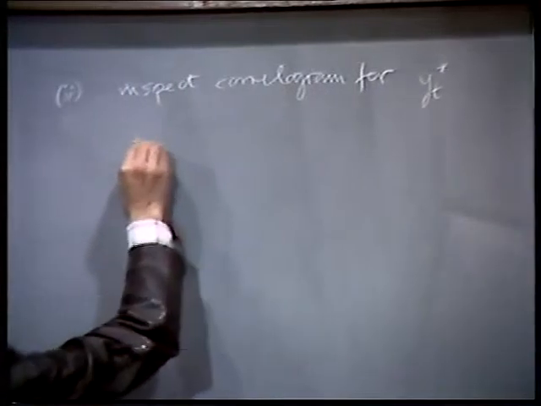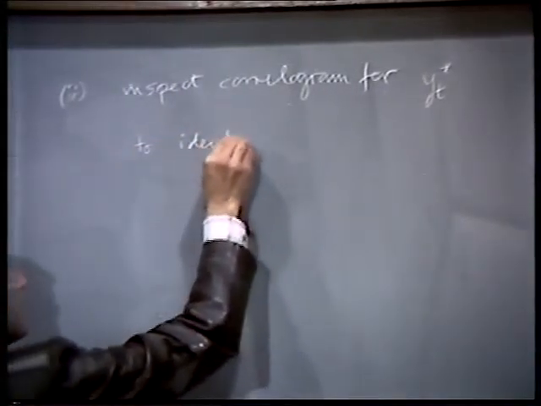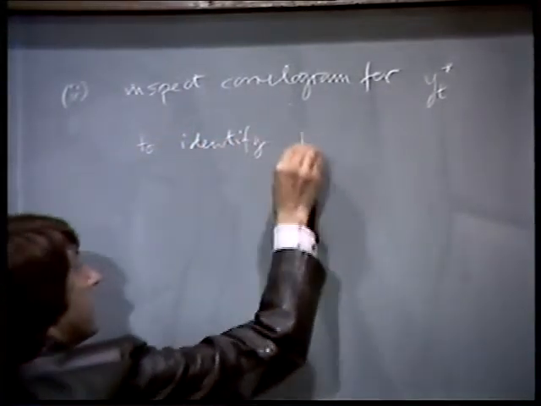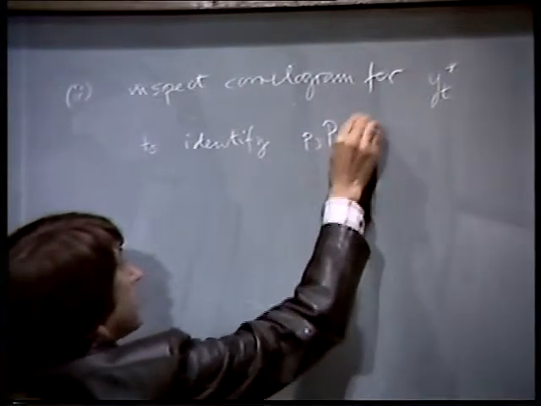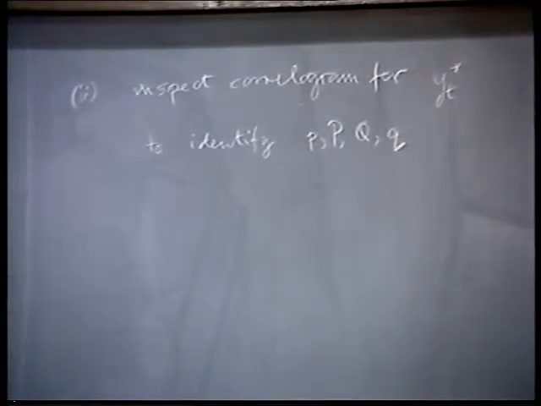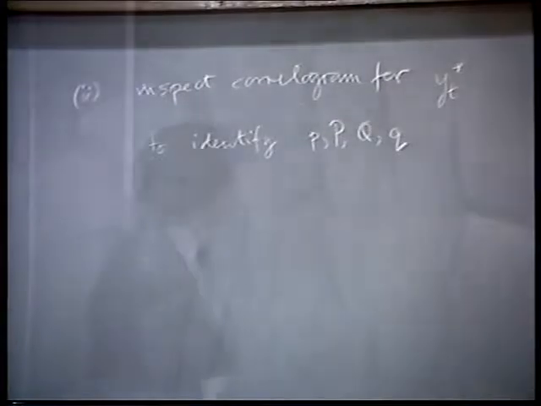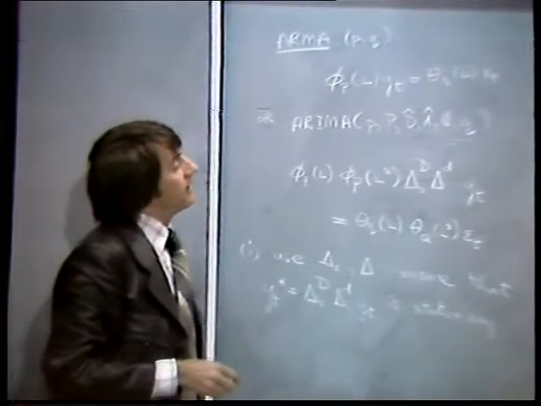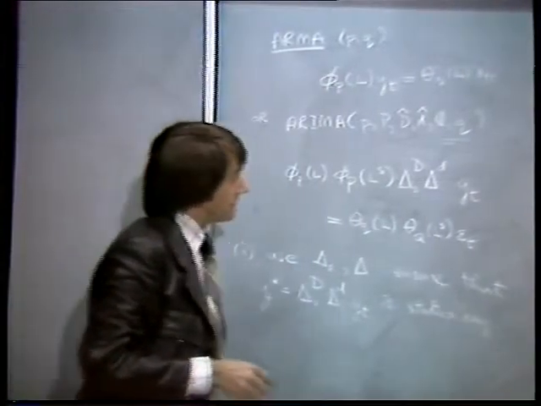And from that, we identify P, capital Q, and small q. And at that point, there is quite an element of subjective judgment in choosing those parameters.